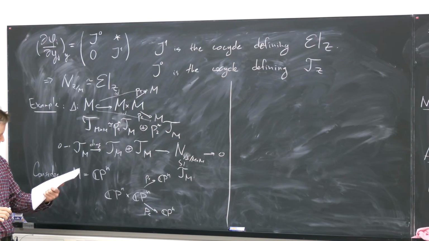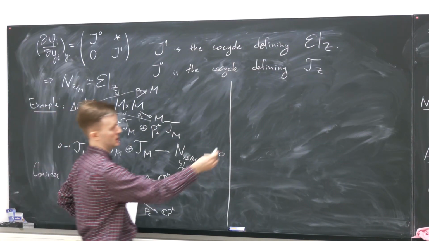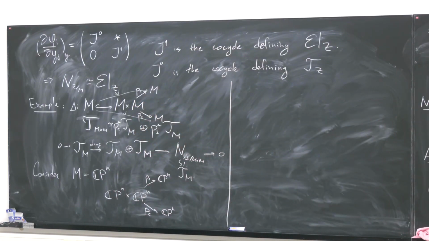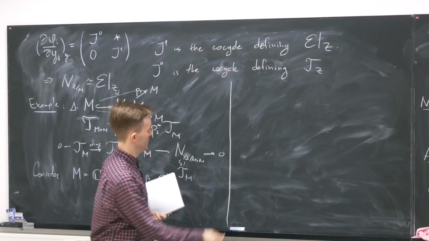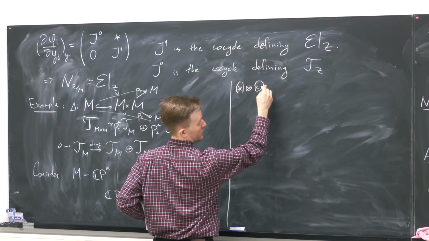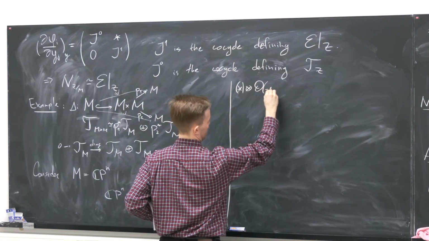So recall our exact sequence that we have. It's still here. So this is not exact sequence, but there is this morphism that we have here. So let's call it star. So I want to twist this star by O of -1.